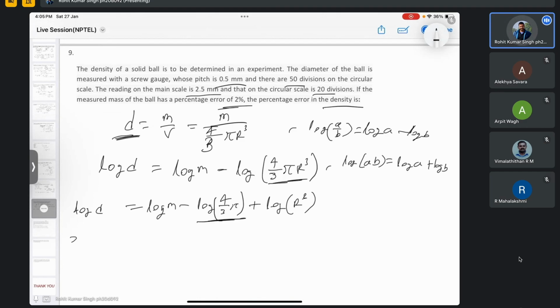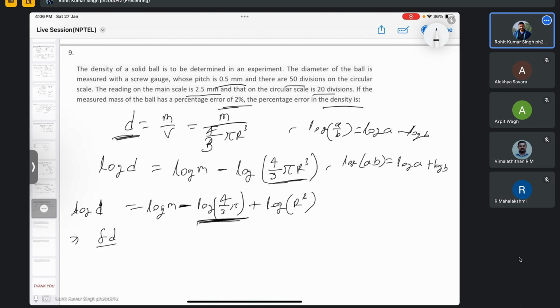So now we'll just have a differentiation on both sides. So this will get cancelled, this middle term will be 0, and what we will find is, let's do a partial differentiation.